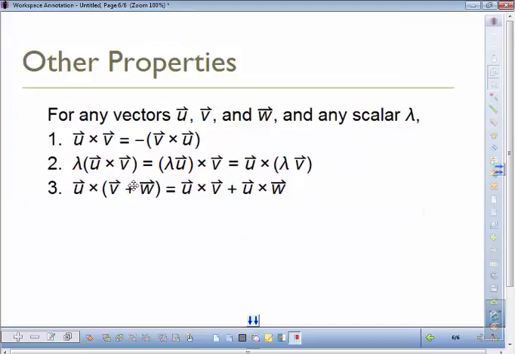The second one talks about a scalar being distributed, and the third one is the distributive property. The 2 and 3 look a lot like the dot product properties. And the first one, aside from the negative sign, looks just like the commutative property. So it all kind of mirrors the dot product properties.